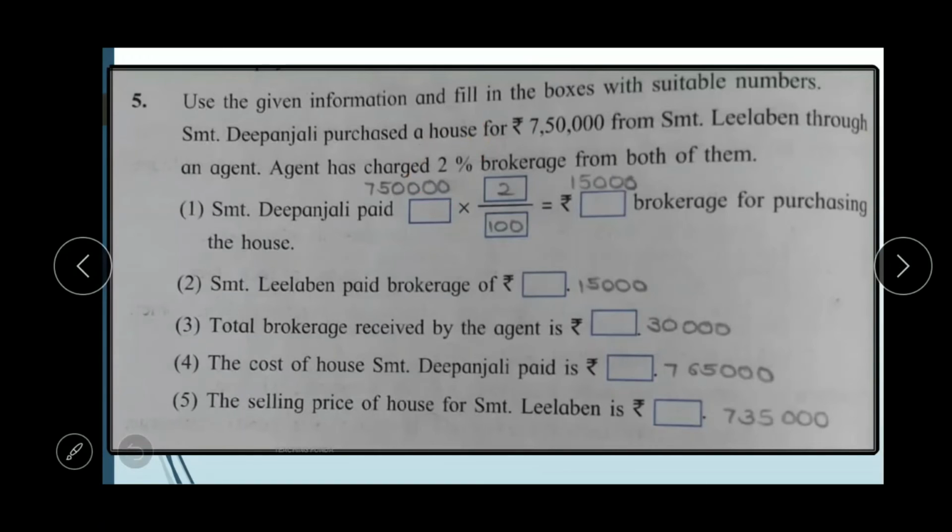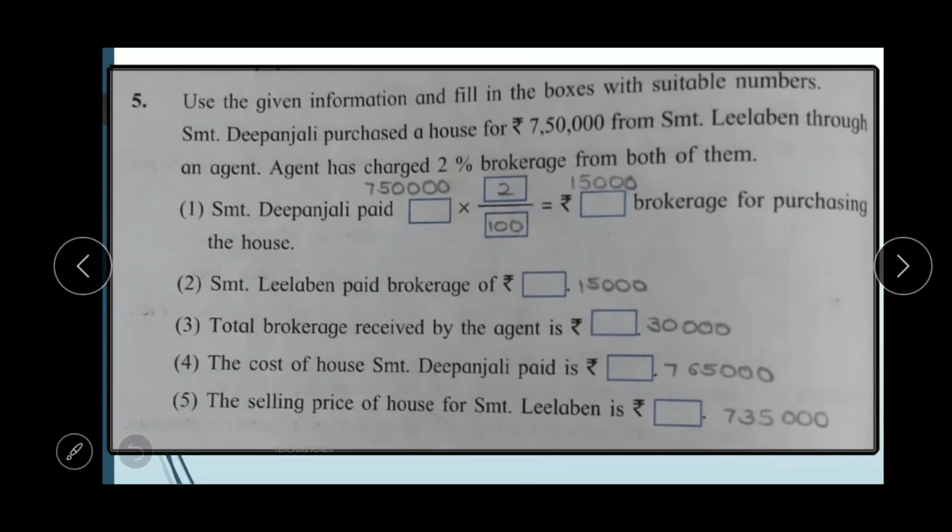Money is going to go from her to the agent. Cut 2 zeros from here, 2 into 7,500, do the calculation, you will get 15,000. So rupees 15,000 brokerage for purchasing the house. She paid rupees 15,000 to the agent as brokerage.